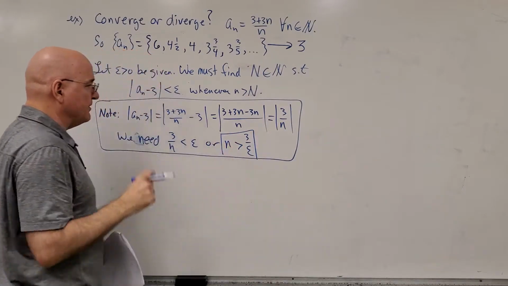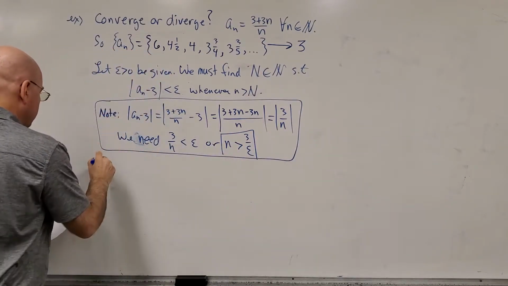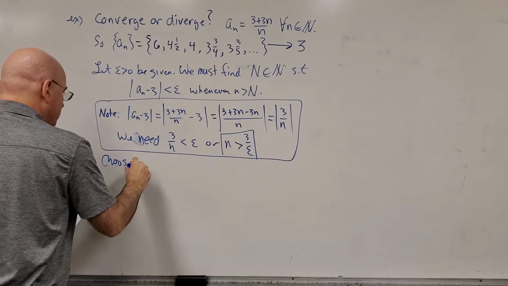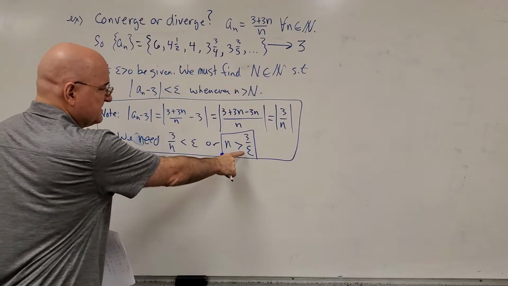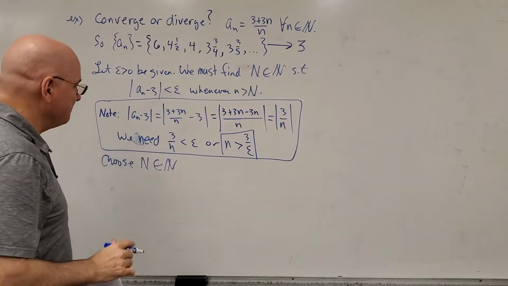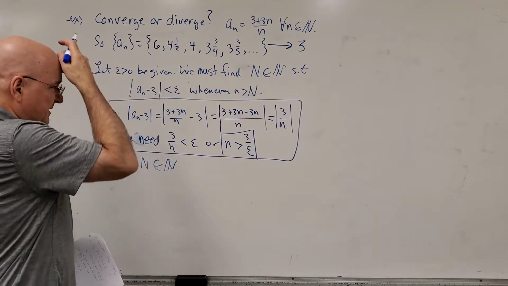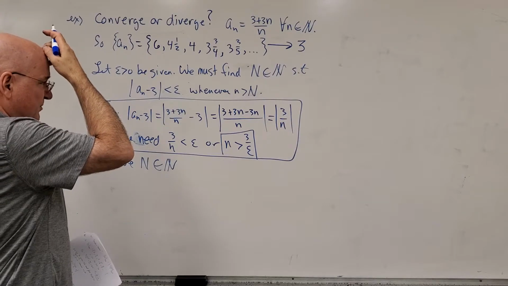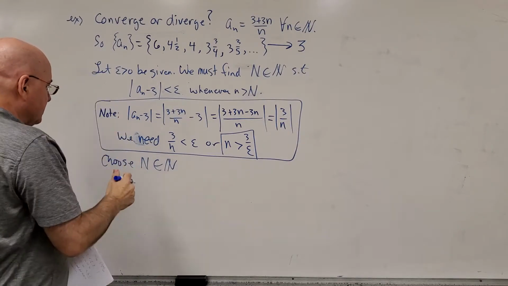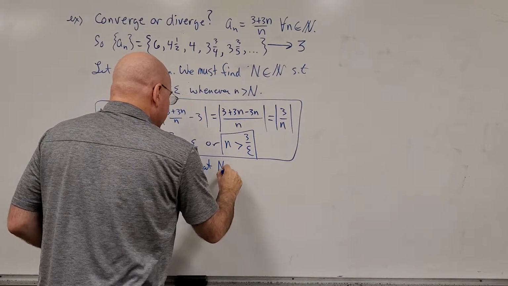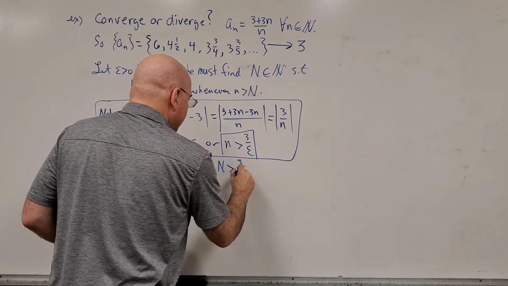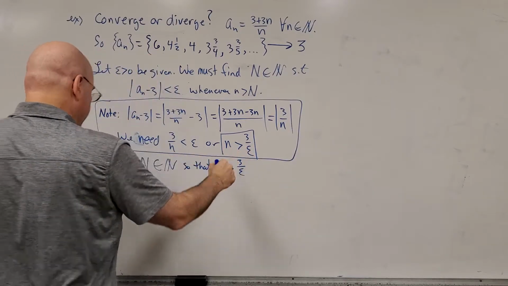Let's make that our capital N. Choose N, a natural number. It does need to be a natural number. This is probably not a natural number. It's positive, but probably it's a decimal. Choose N so that capital N is bigger than 3 over epsilon, just like we have written there.